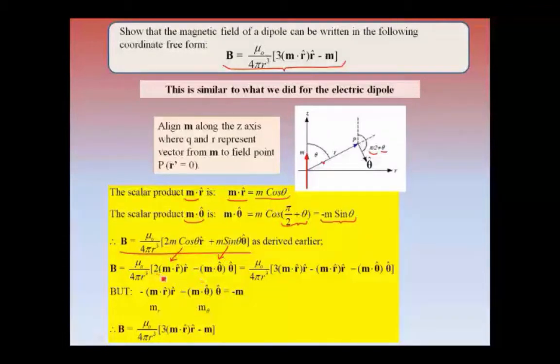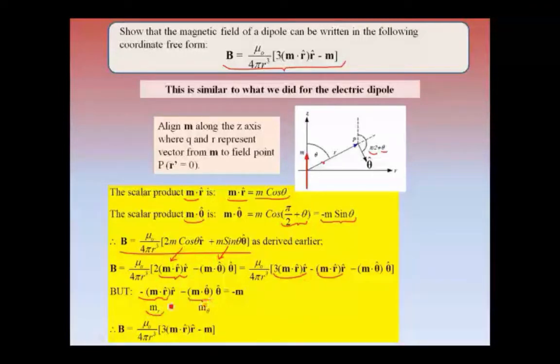So we're going to simply add one of these and subtract it. That's what we have here: 3 times this combination minus 1. That'll give us the 2, and then we still have minus m dot theta hat. What we're doing here is finding the r component of m, and that's m sub r. If you look over here, this is m theta right here.